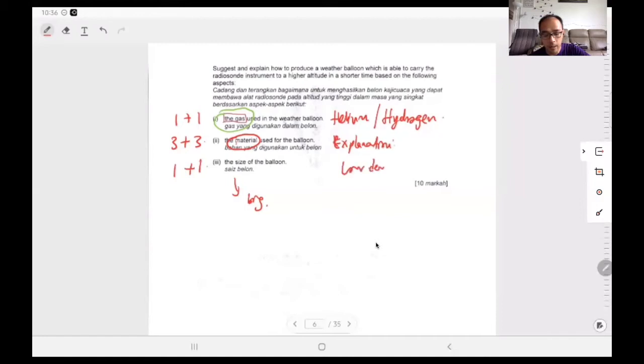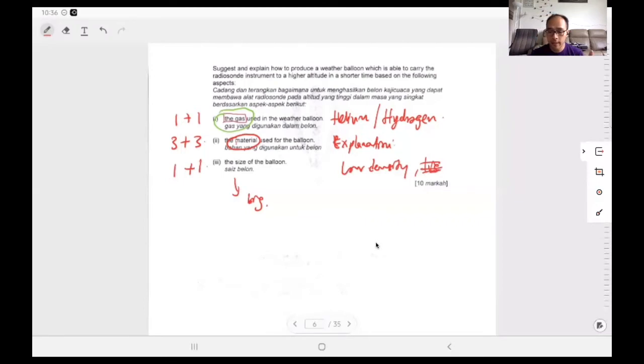Low density is enough. So it's a low density gas, therefore it will rise up. So we use helium or hydrogen in the weather balloon.